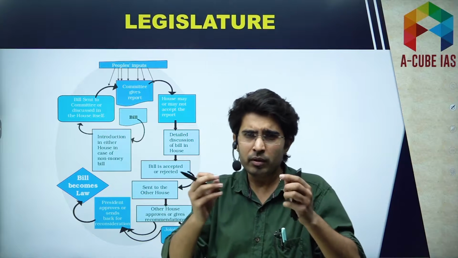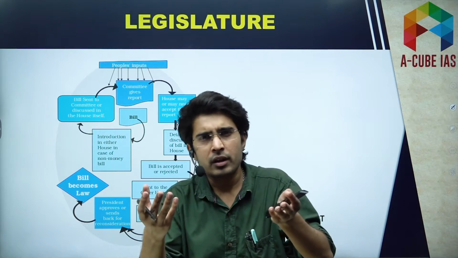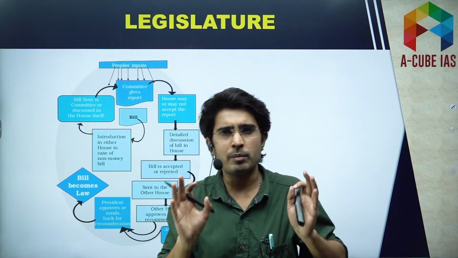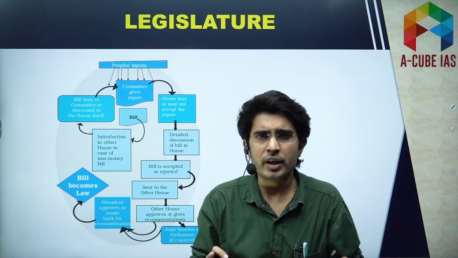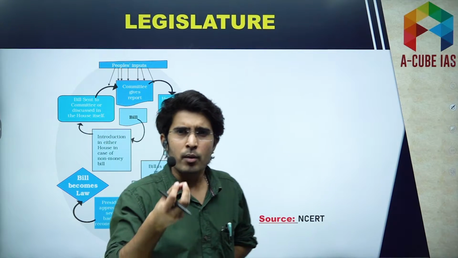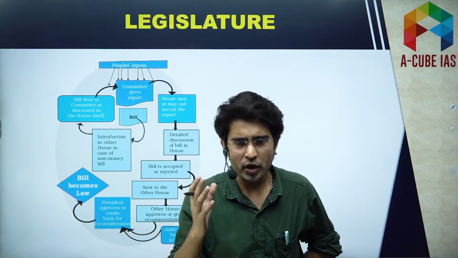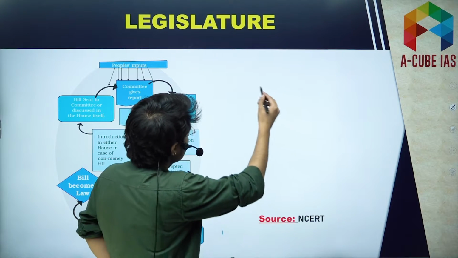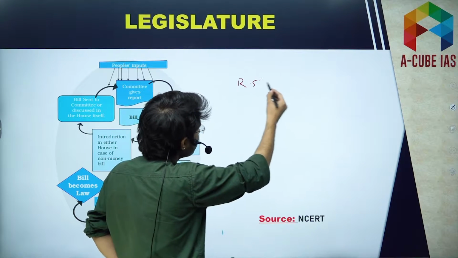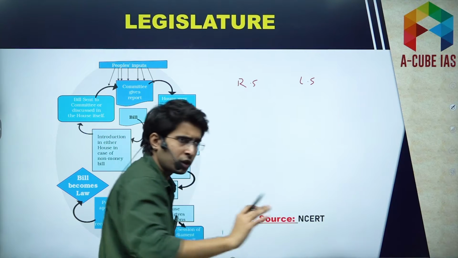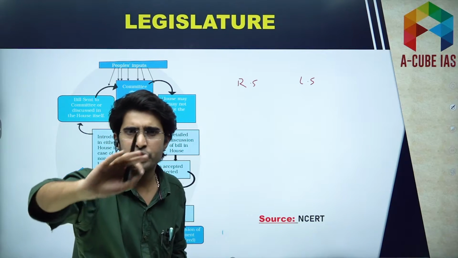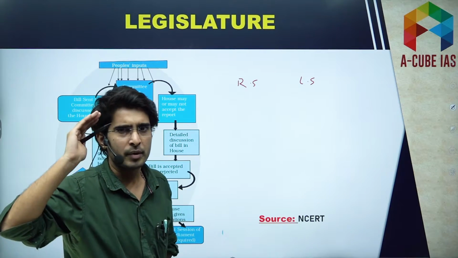Now you hear this a lot, that a bill has been introduced in Parliament. Now let's try to understand how a bill becomes a law. So you have Rajya Sabha and Lok Sabha. This is the arrangement we have, which is the bicameral arrangement.